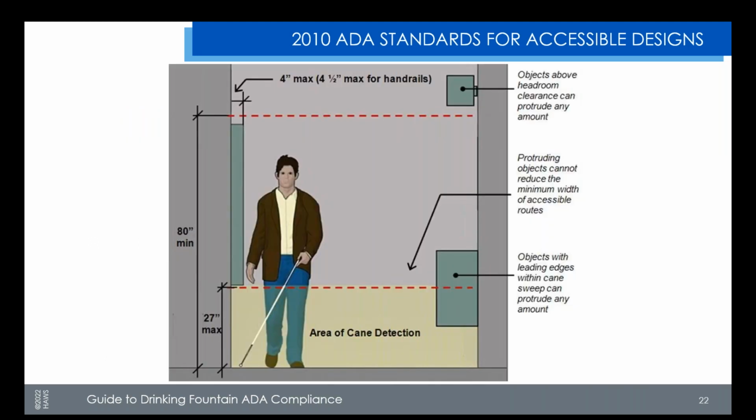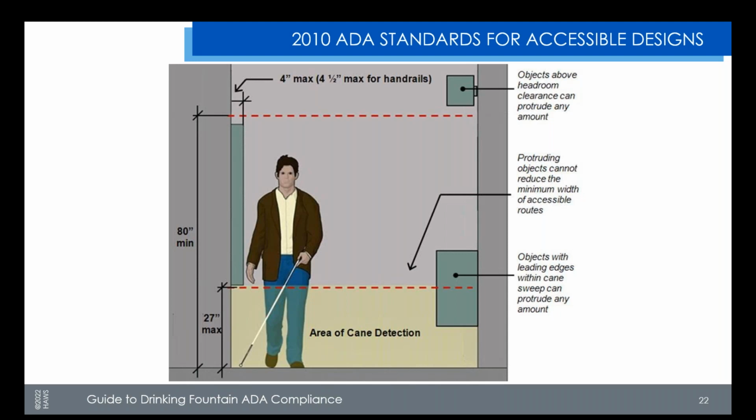Now, in this example, this is one of my favorite illustrations here that I stole. We've got our visually impaired buddy here navigating a hallway. On the bottom right, we see an object very similar in some ways to a drinking fountain.